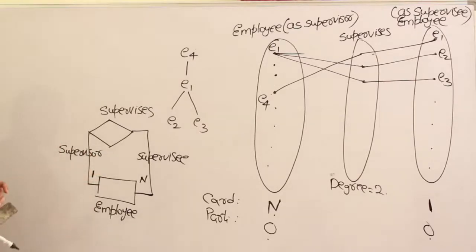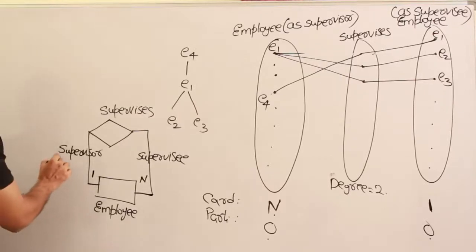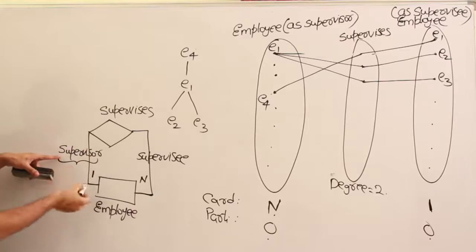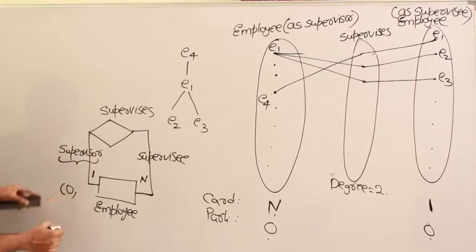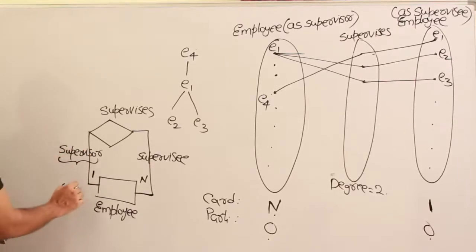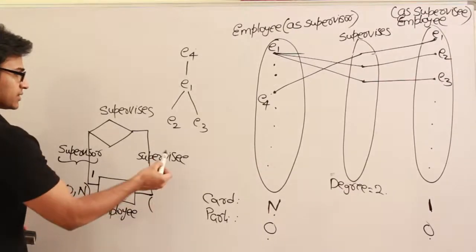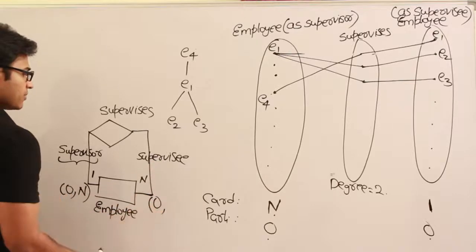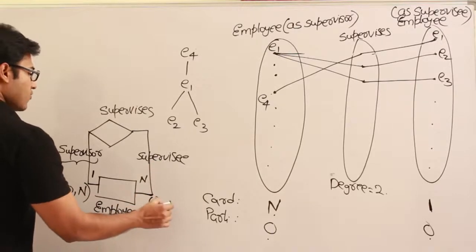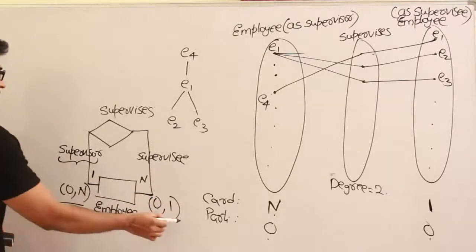Now if you want to write the same thing in min-max representation, how many minimum relationships can the supervisor side participate in? 0. And how many maximum? n. What about the supervisee? Minimum 0, and maximum 1, right?